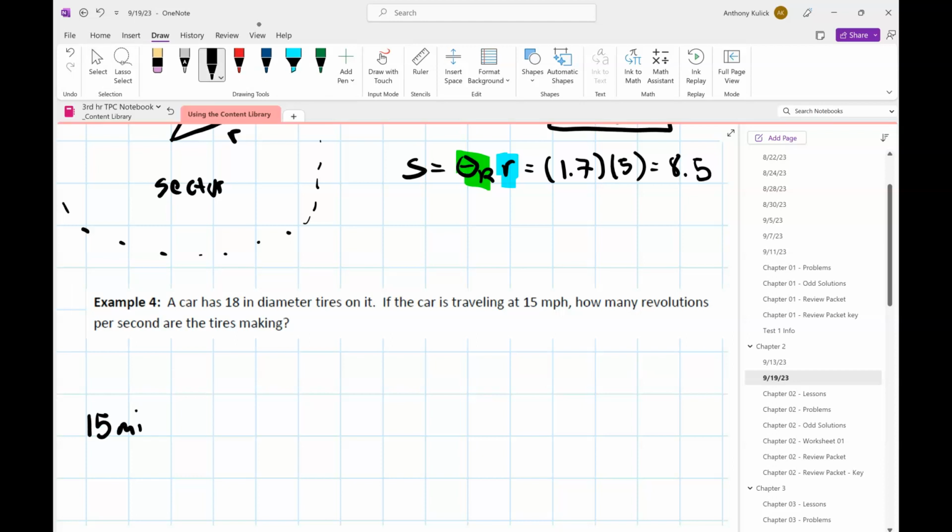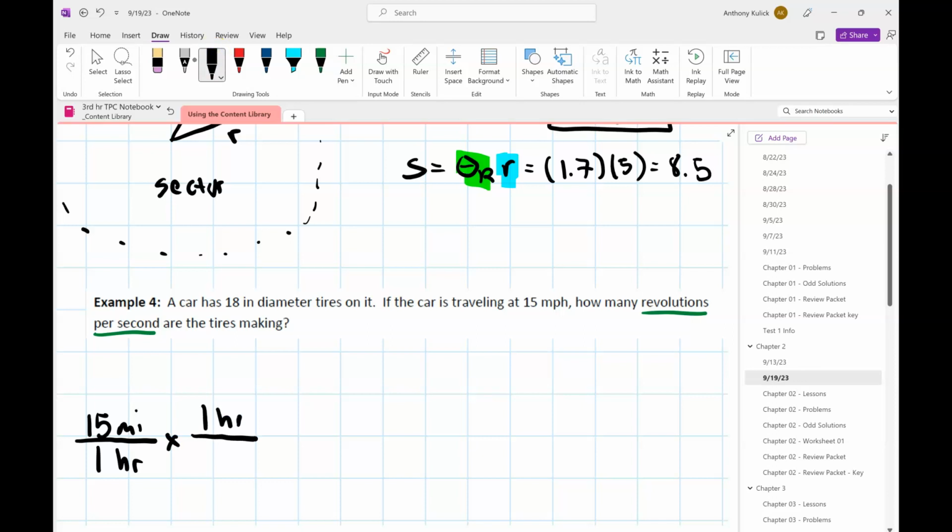So I'm going to start with kind of what I know. I know 15 miles per hour means we go 15 miles in 1 hour. And what I'm going to do is convert this into revolutions per second. Okay, well, the seconds part should be easy.